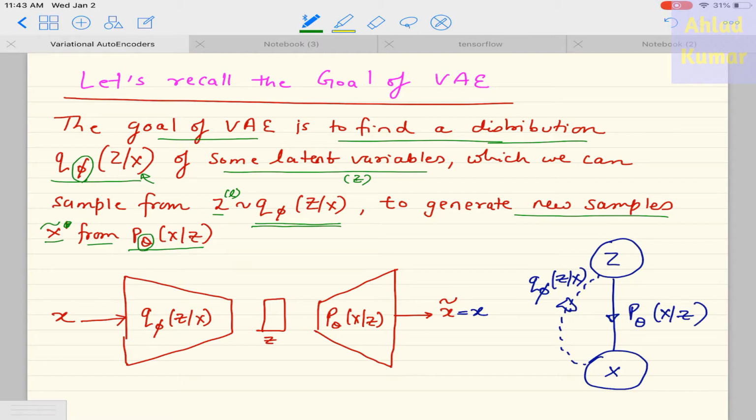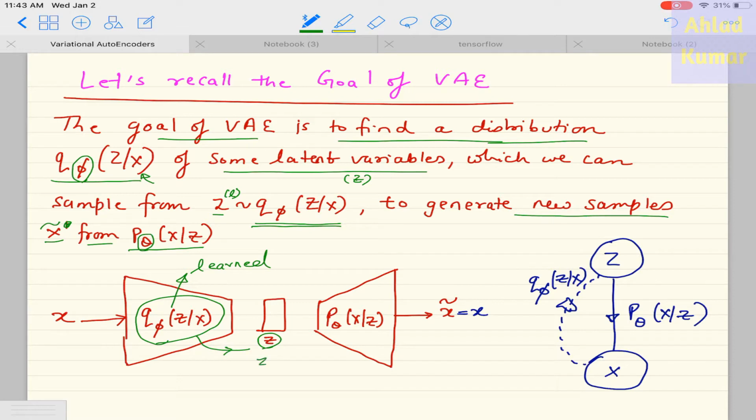What this is saying is we have to learn this probability function, that is q_phi(z|x). Once this is learned, we will sample these latent vectors z from q_phi(z|x).